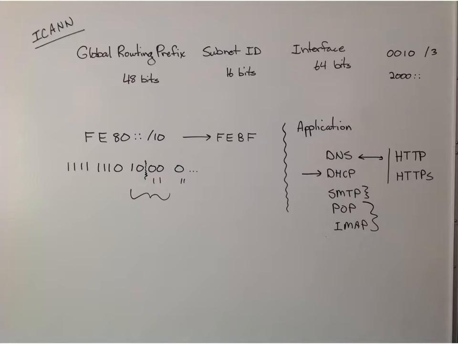We did some work. We talked about global IP addressing, 48 bits, the subnet, 16 bits, and then we talked about the interface, 64 bits. We looked at some examples of IPv6. For example, we looked at the link-local address, and we looked at that range and how they came about that range.